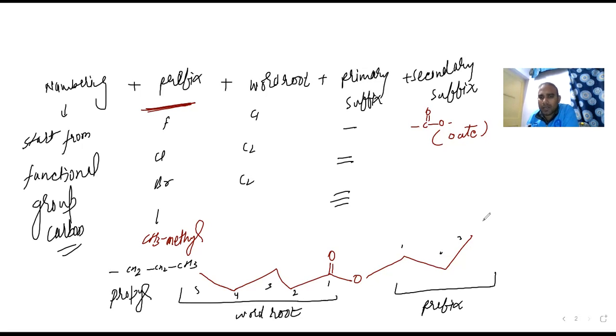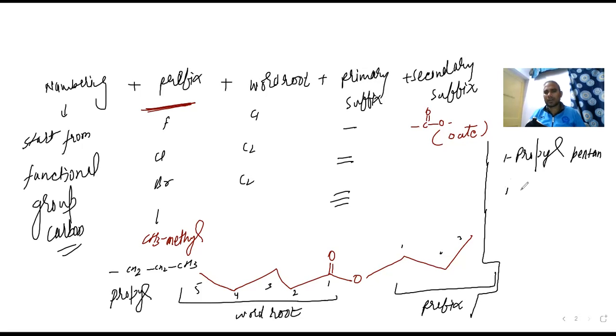Can you please try to write down the name of this compound? So it will be propyl, pentane, pentanoate. Propyl pentanoate is the name of this compound.